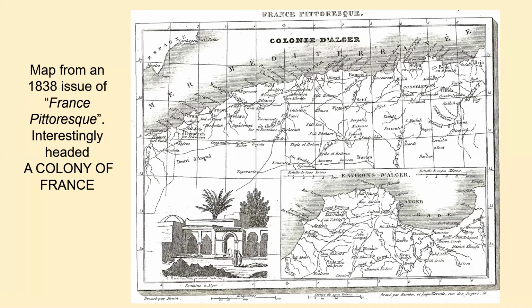Algeria has an area of 2.4 million square miles, the 10th largest country in the world. Population in 2019 was 43 million. In the beginning, the Regency of Algiers by 1830 was technically ruled by the Ottoman Turks.